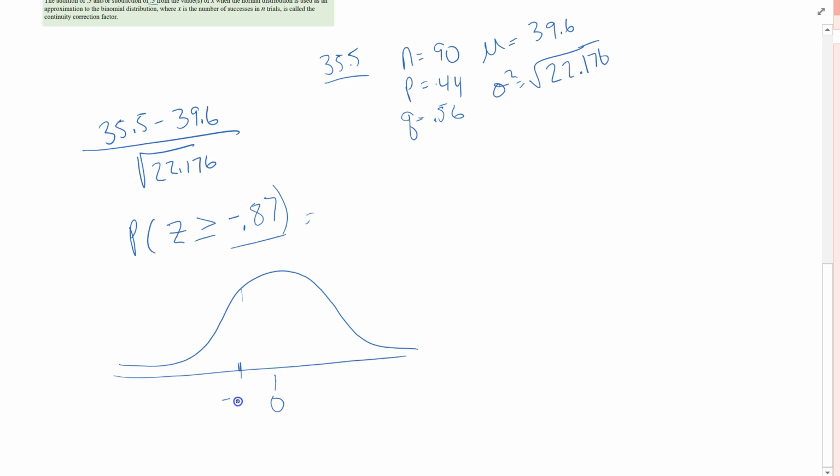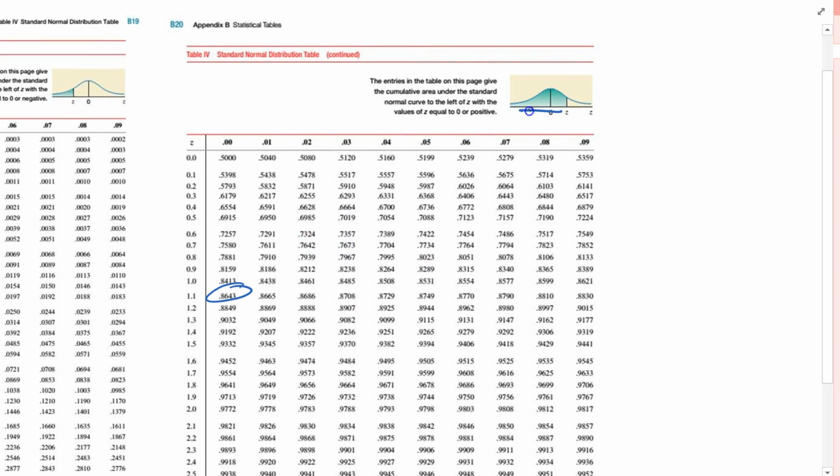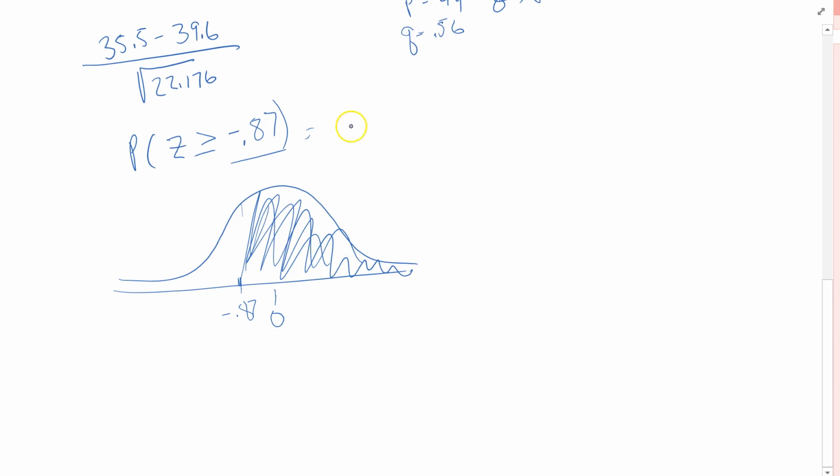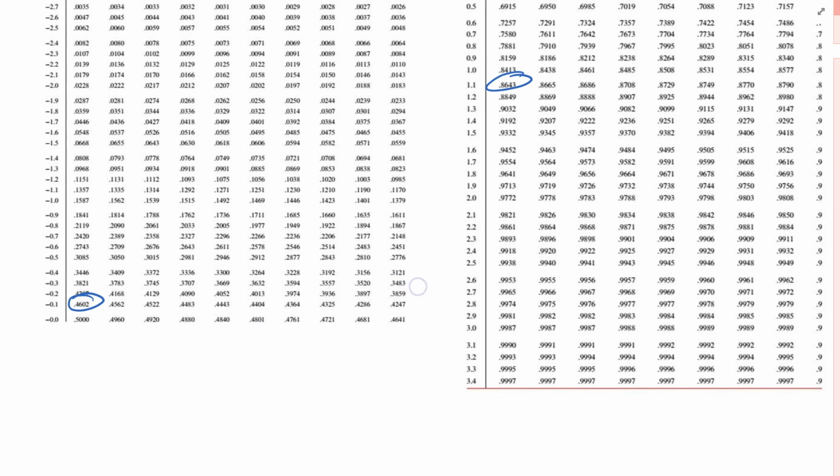So minus 0.87. I want to know the area on this side of it. If I look at the table, the z-score always gives me the area to the left. So to calculate the area to the right, I'm going to take 1 minus the area of z equals negative 0.87. So I go to the table and I find z is negative 0.8.